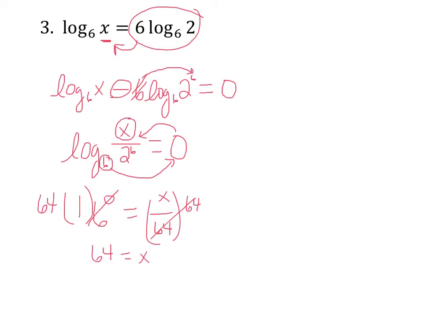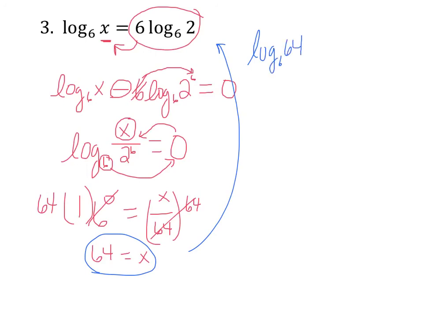Okay? Now, somebody was asking me the other day, how can you check your answer? Well, to check your answer, you would just plug this in for x in the original problem. So if I plug that into the original problem, I'm going to have log base 6 of 64, and hopefully that's equal to 6 times log base 6 of 2. Well, when you type it in on your calculator, so I'm going to go to alpha window number 5, and I'm going to type in base 6 of 64.